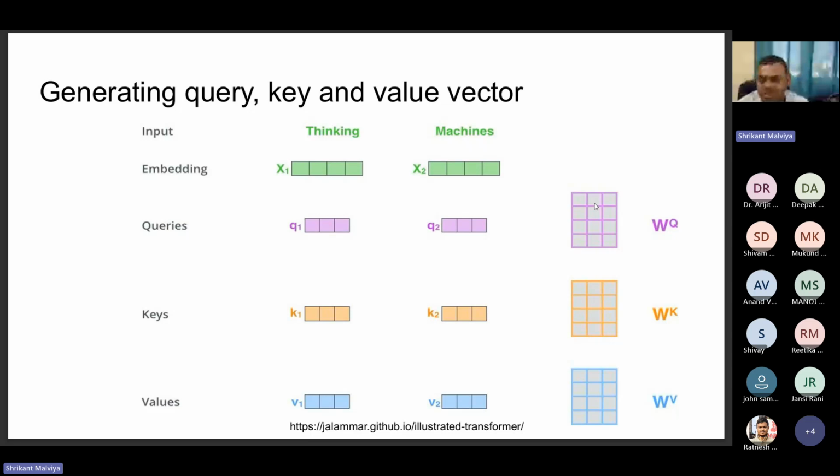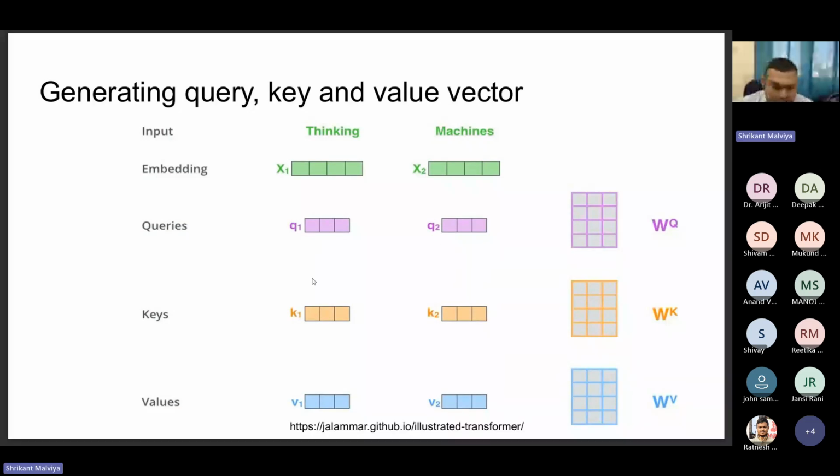So based on it, the size of each query, key, value vector is decided, but ultimately the number of those will be fixed by the number of tokens taken as input by the model. If 512 tokens are taken, the number of rows would be 512.